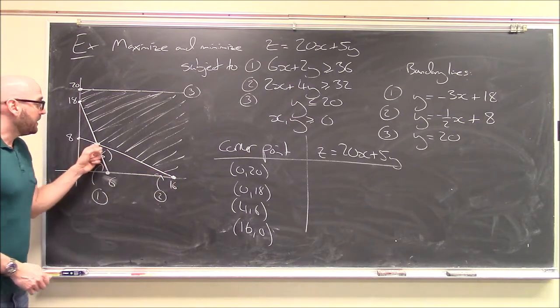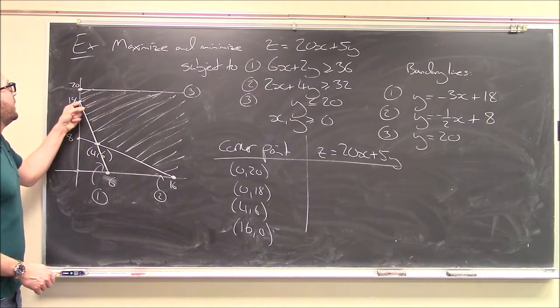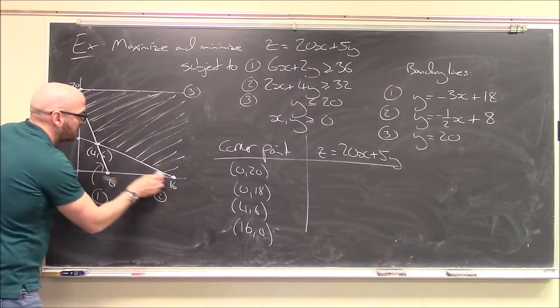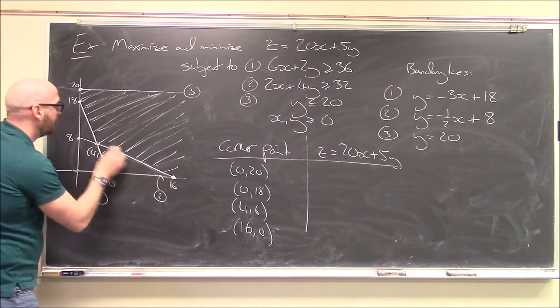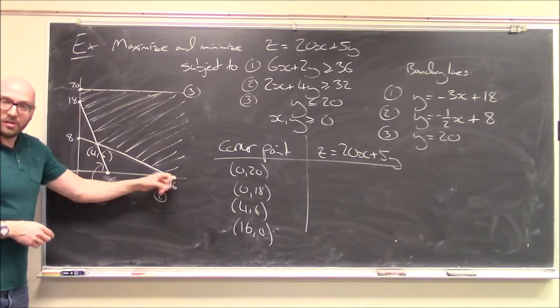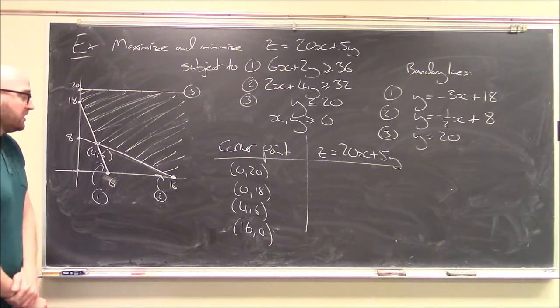These are the only places that optimal values can occur. They could also occur all the way down the sides, but if they occur there, they're the exact same values they are at the corner points. So we can restrict ourselves to just looking at the corner points.